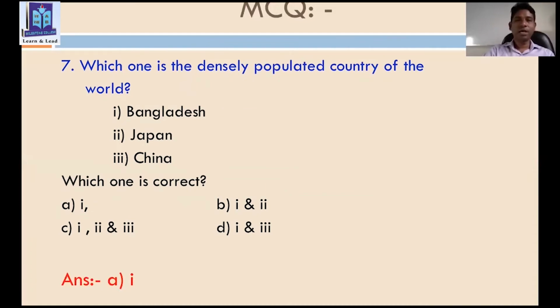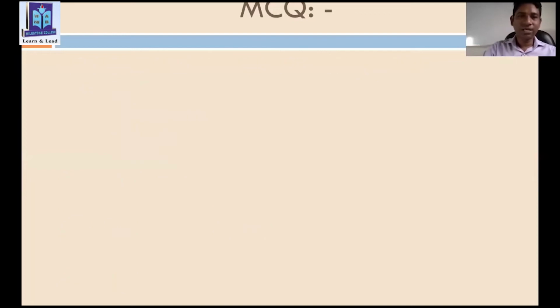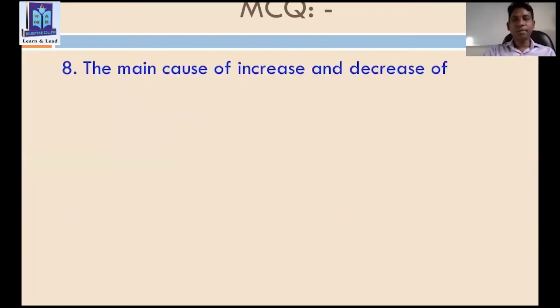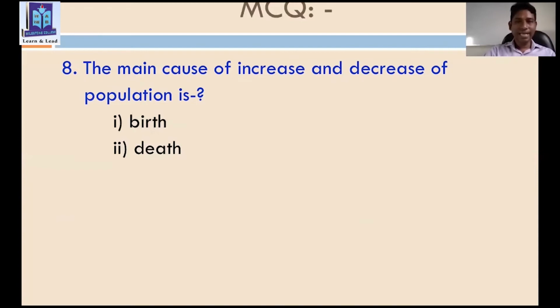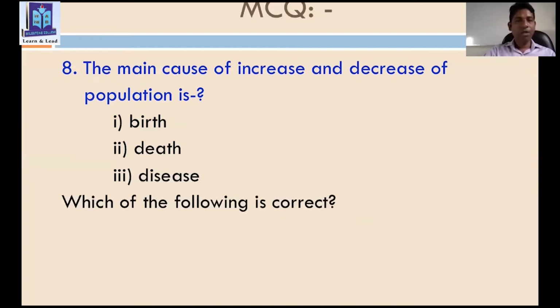Thank you very much. Now, question number 8. Here you can see: the main cause of increase and decrease of population is. Okay, you have to guess what the answer will be. Birth, death, disease, and which of the following is correct?